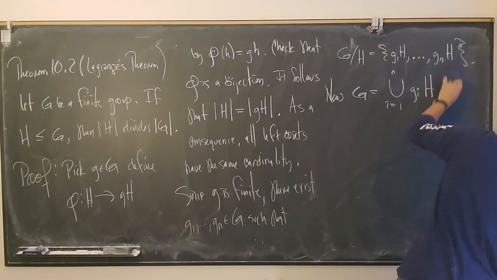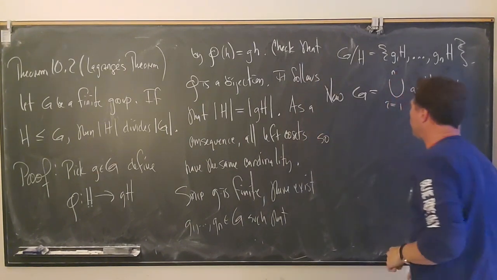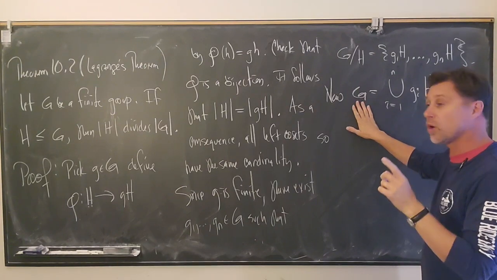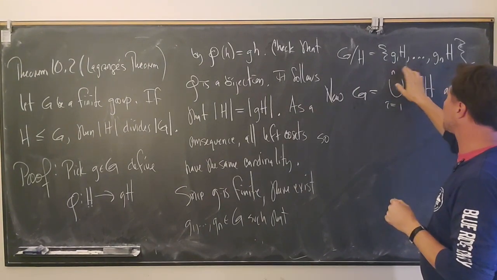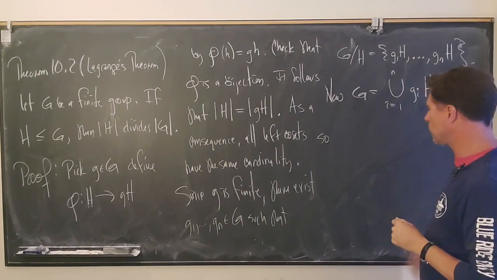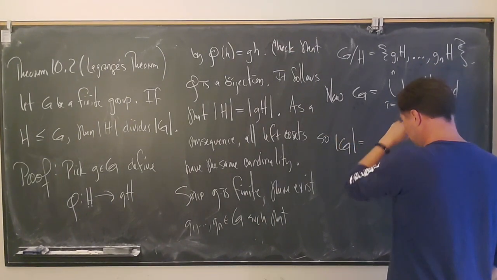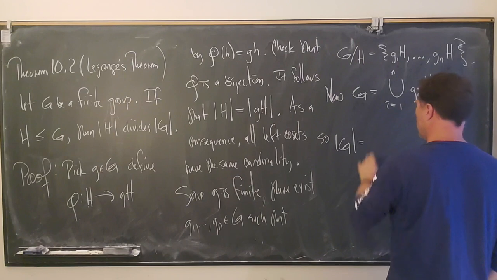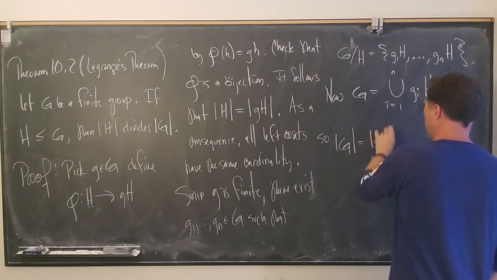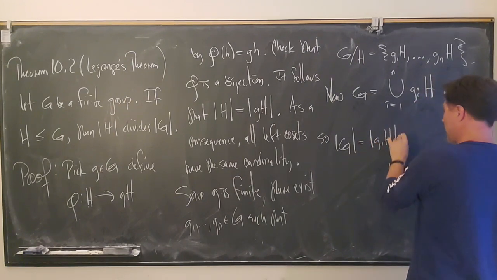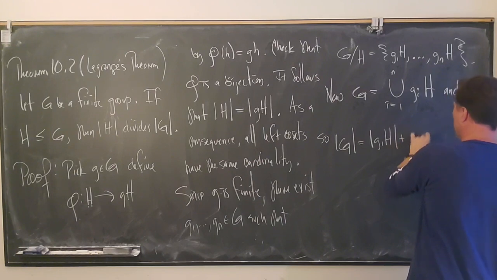So if we want to count the size of G, we can do so by counting up the cardinalities of each of these cosets. So the order of G is equal to the cardinality of g1H plus ... plus the cardinality of gnH.